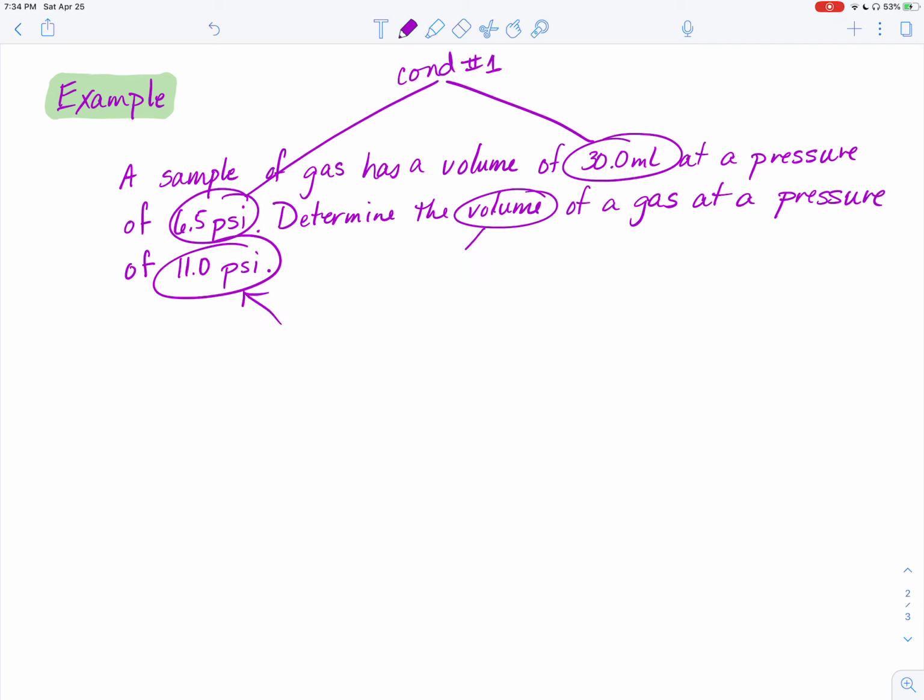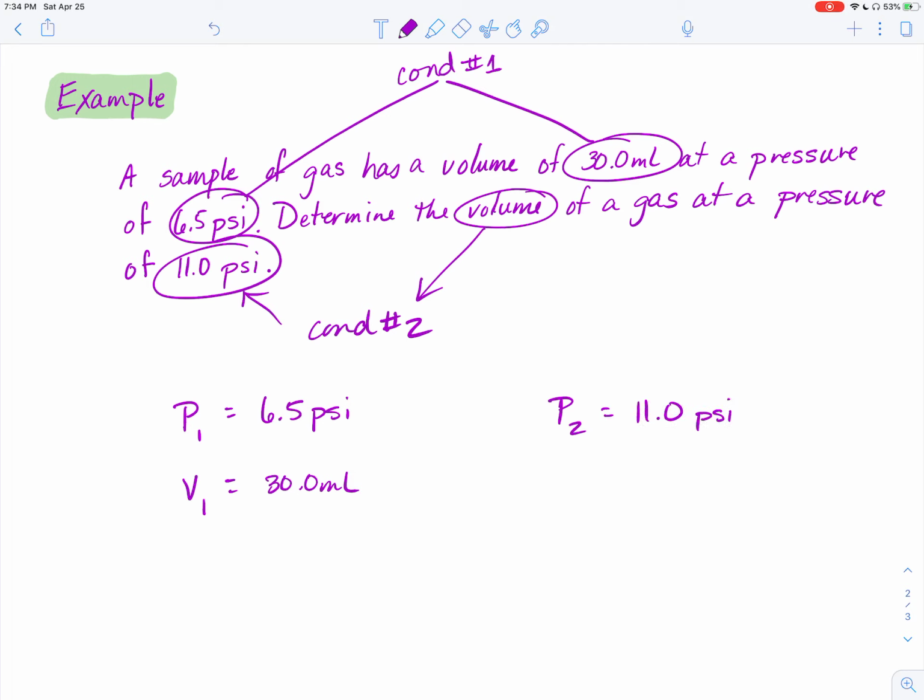That volume unknown and pressure are our condition number 2. So let's write these out. We have pressure 1, volume 1. Pressure 1 is 6.5 psi. Volume 1, 30.0 milliliters. And then pressure 2, we know to be 11.0 psi, but the volume 2 is unknown.